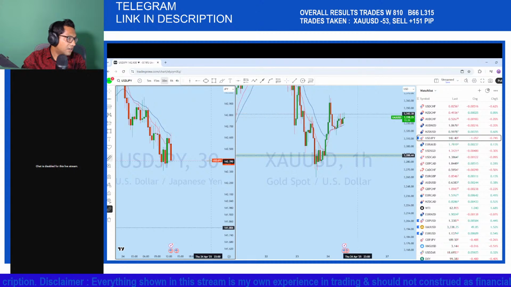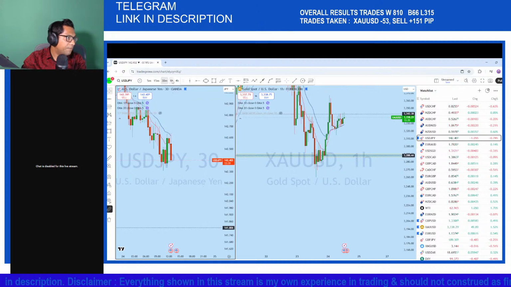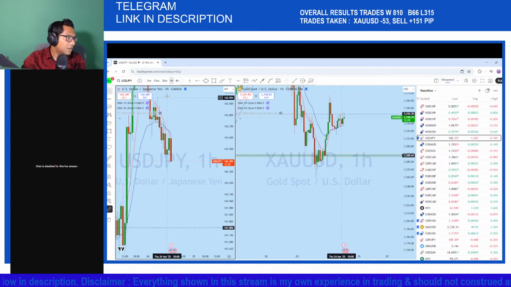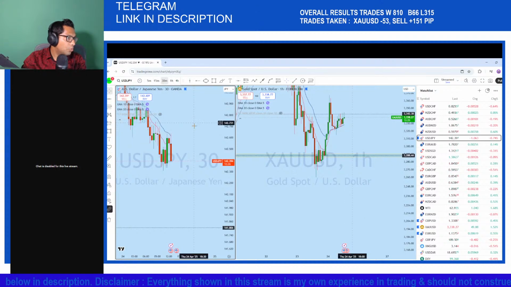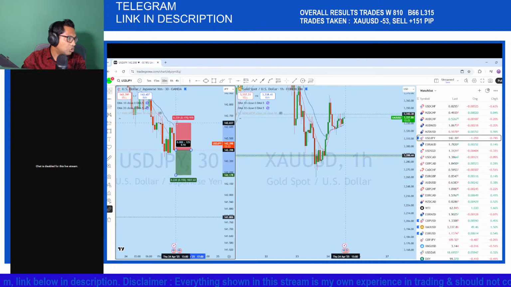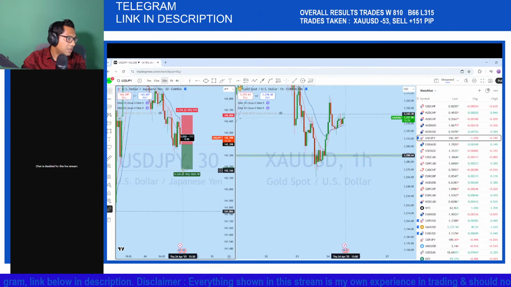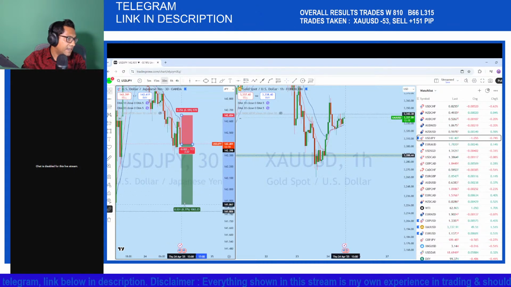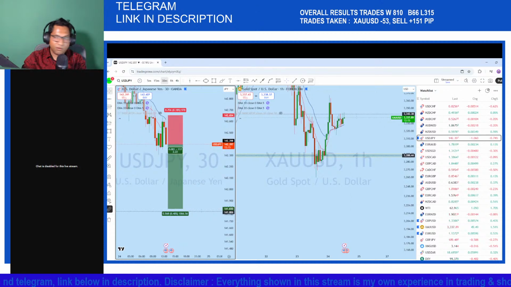So we have this 30 minutes candle with around a 25 pip gap here. So what I will be doing, guys, with a 26.7 pip stop loss, is open a sell on dollar yen with strict risk management.